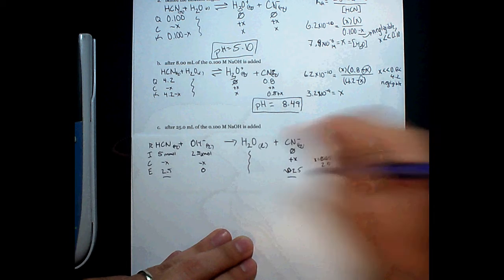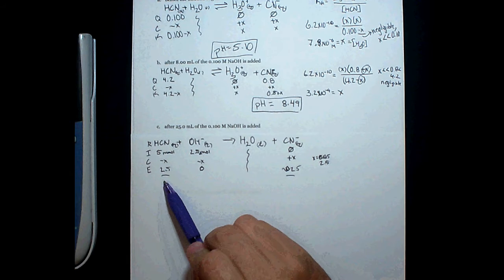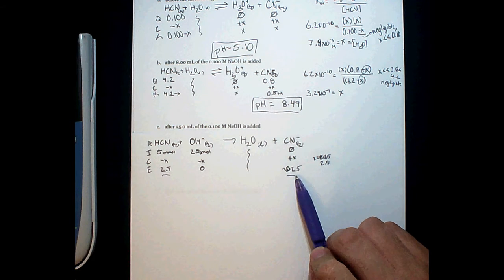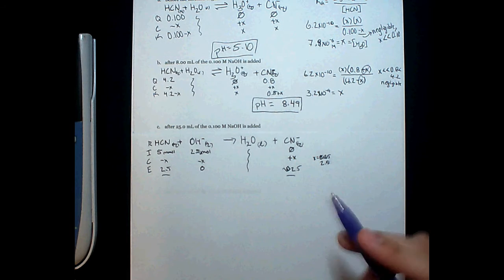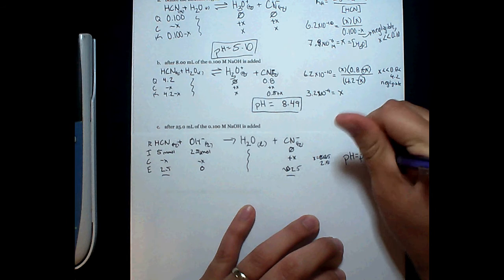Hey, look at that. This is why we know that the pH is equal to the pKa when we're halfway. The concentration of the weak acid is the same as the concentration of the conjugate base, and that is something special, and that's the pH is equal to the pKa.